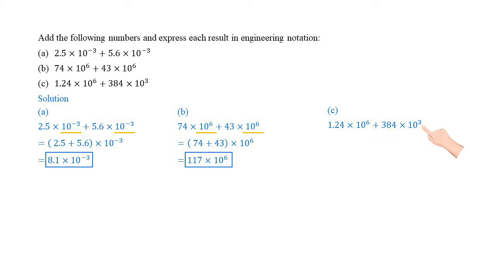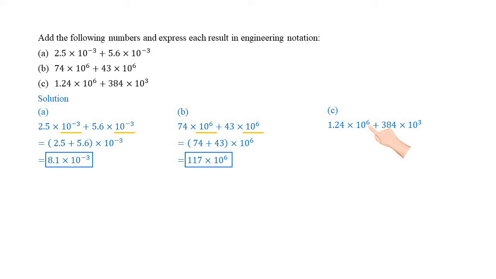The two exponents are different. Since they are different, we need to do some adjustment. We need to align the numbers, so they need to have the same exponent. We can either change the first exponent, that 6 to 3, or we can change the second one, that 3 to 6. So I just arbitrarily chose the first number.